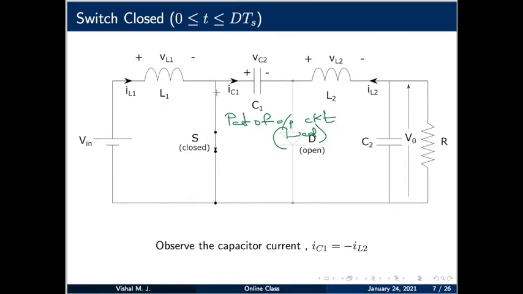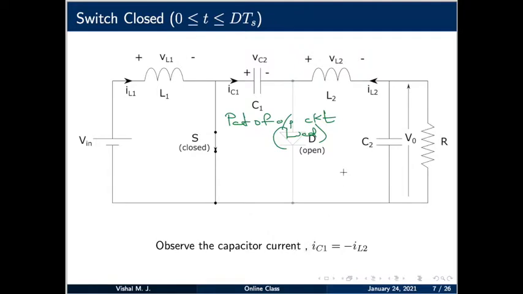Now, in this configuration where the switch is closed, what is the capacitor current? Remember, we are using Ampere-second balance for Cuk converter analysis, so we are not bothered about volt-second balance. We will do that a little later, but for deriving the voltage gain, we will focus on Ampere-second balance. So, I am interested in finding the value of IC1 when the switch is closed.